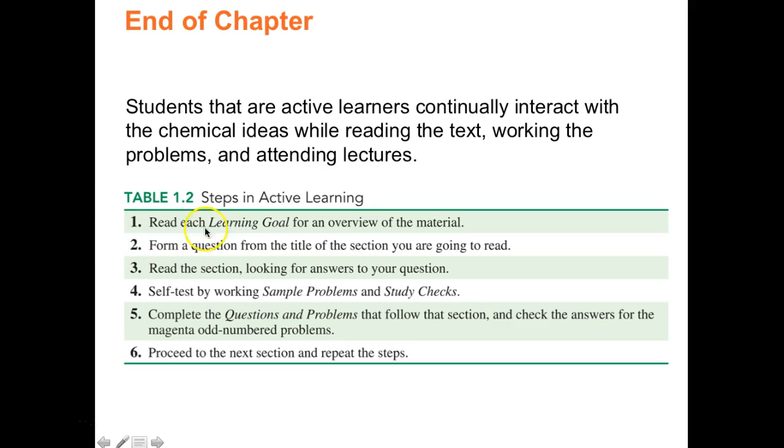Another way of self-testing is doing the sample problems and study checks within the chapter, as well as the questions and problems that follow each section. Then as you go section by section, reviewing all the content in each section, repeat these 5 steps for each of those sections in the chapter.